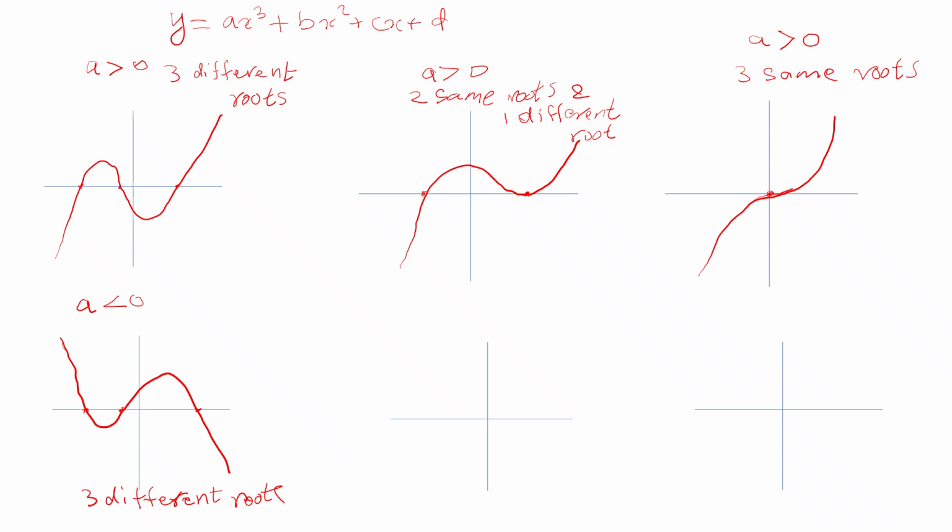Now a less than 0, other possibilities: 2 same roots and 1 different. So it comes like this.